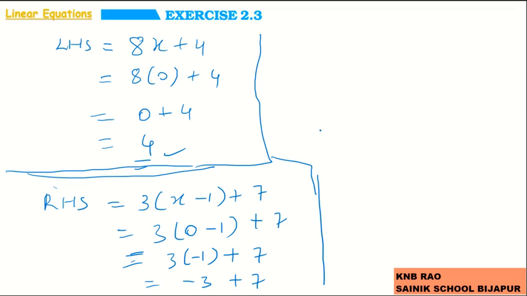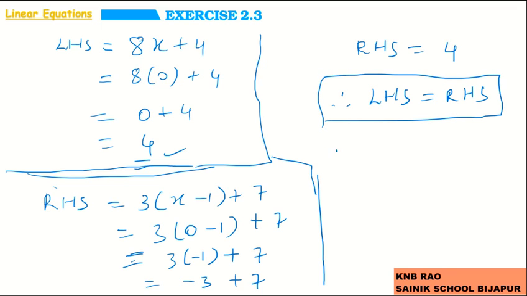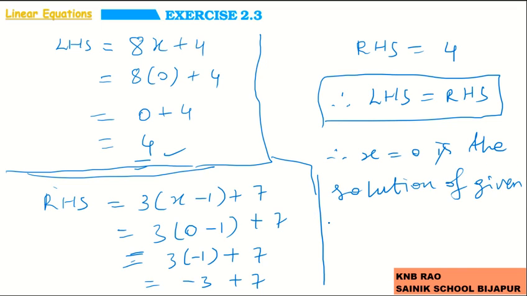I am writing this on this side. So the right hand side is equal to minus 3 plus 7, which is 4. Therefore, the left hand side value equals the right hand side value. Therefore, x equals 0 is the solution of the given equation. So this is how we conclude.